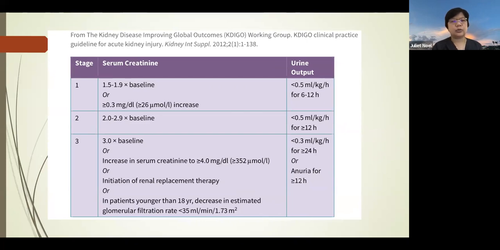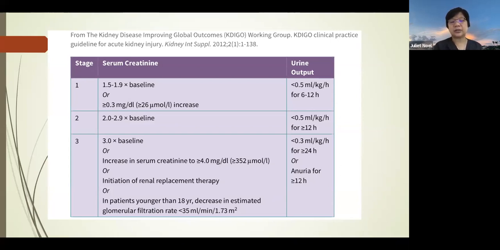So stage 3 is either 3 times the baseline, or increased serum creatinine to more than 4 milligrams per dL, or the patient would need renal replacement therapy.